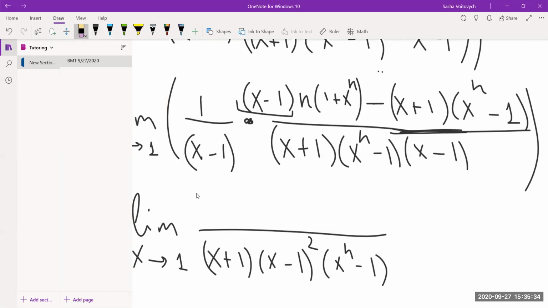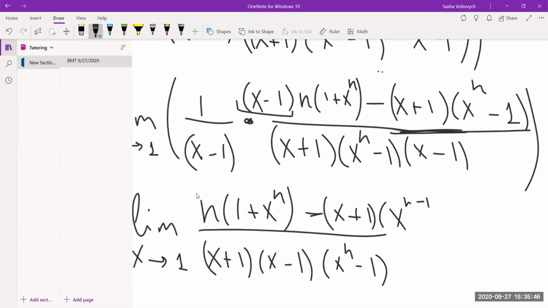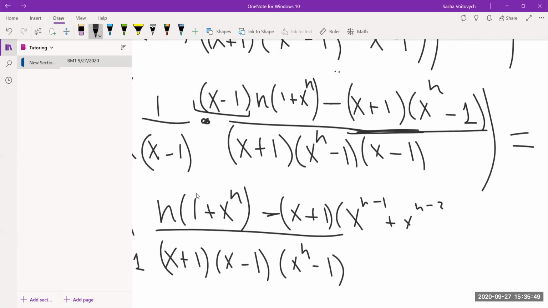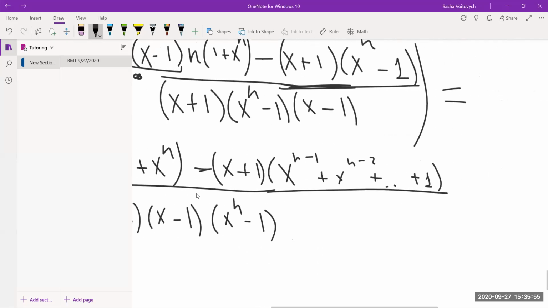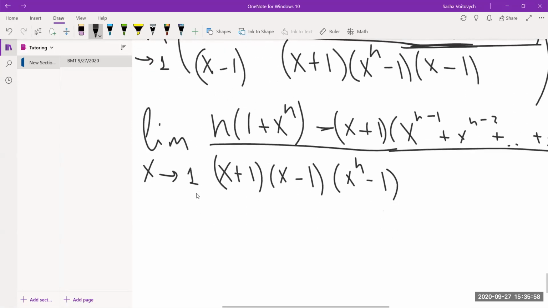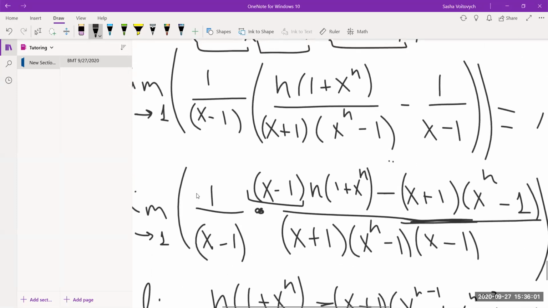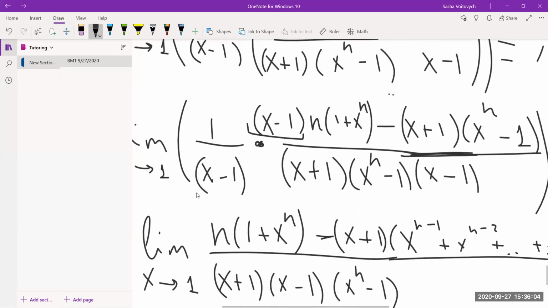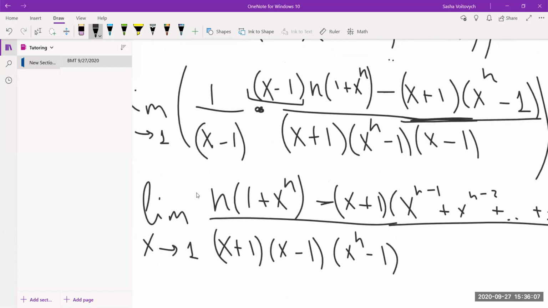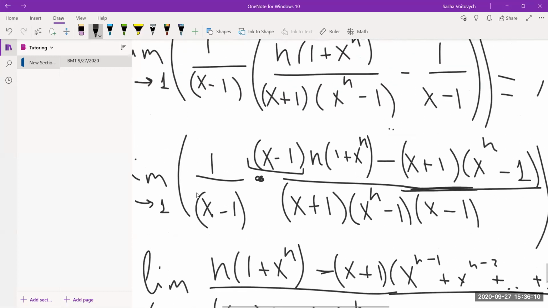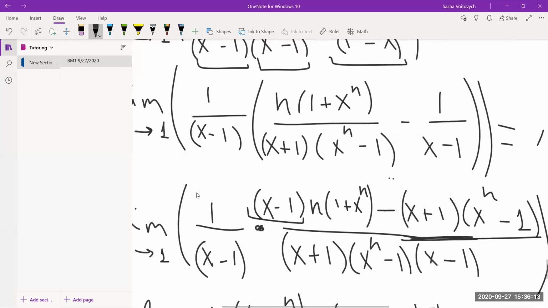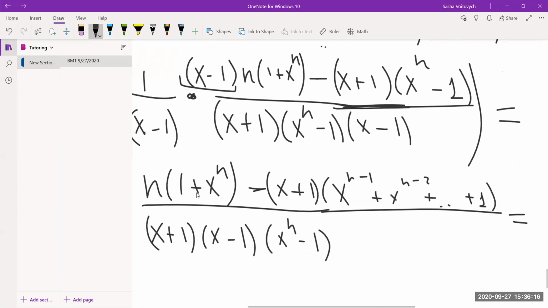The second power disappears, and we will get n times (1 plus x to the power of n) minus (x plus 1) times this sum.